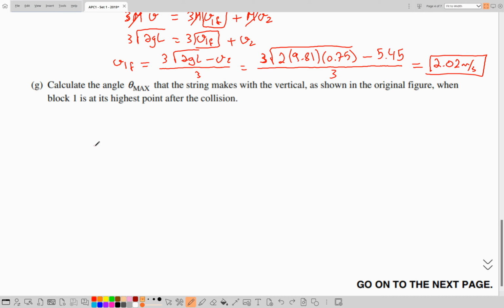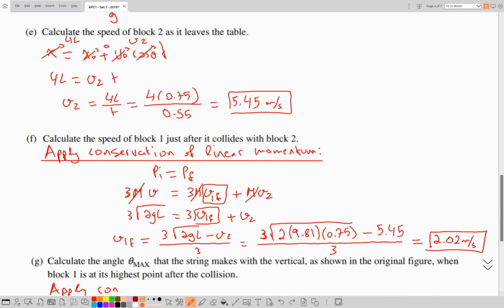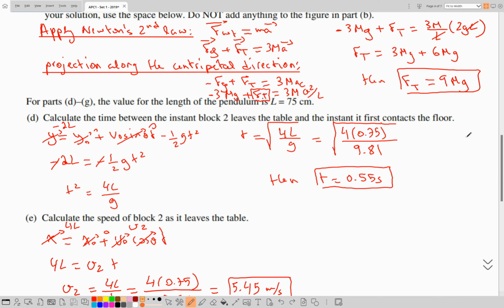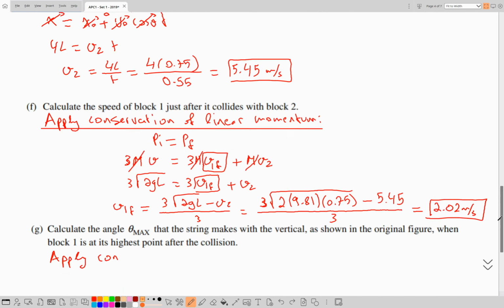Now our P level is already set through the table. So now let's just mention, apply conservation of energy. And remember here we need to determine a numerical value for theta, because that is required from us from parts D to G, since L now is set to 75 centimeters.